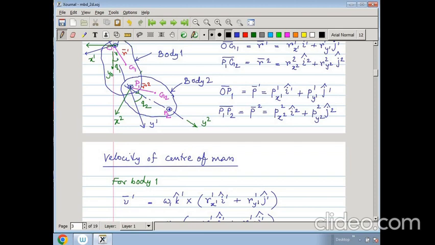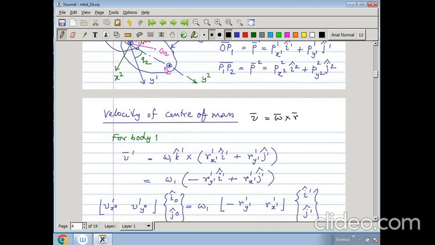Remember, when we write this expression v equal to omega cross r, if it is a vector expression, then we are free to express these vectors along any coordinate system. So here we have expressed the r1 vector along x1 and y1.